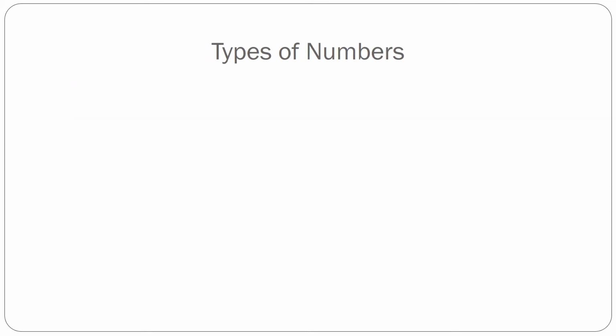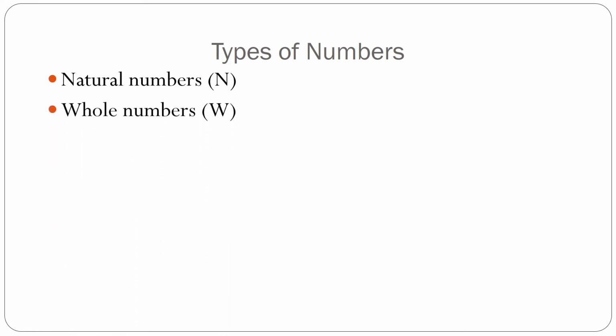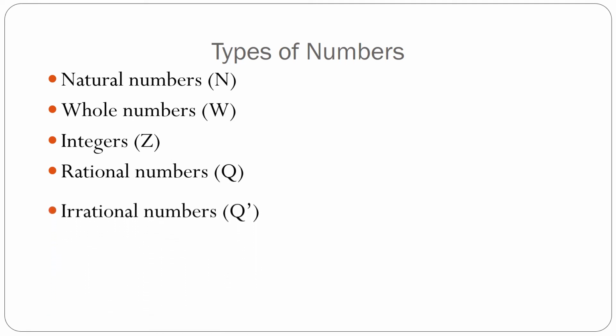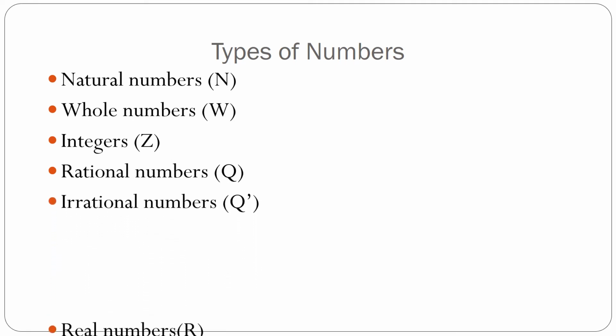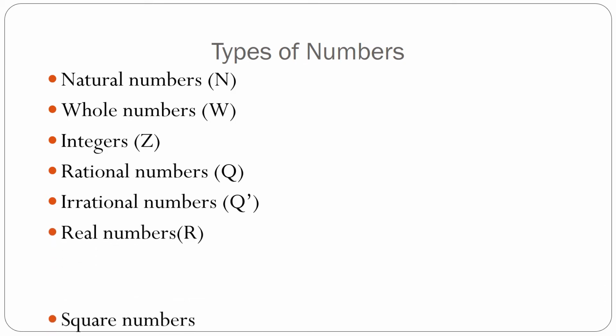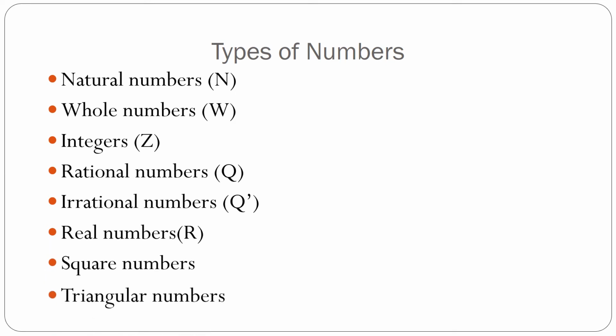Now we look at different types of numbers. We have natural numbers, whole numbers, integers, rational numbers, irrational numbers, real numbers. We'll also look at square numbers and triangular numbers.